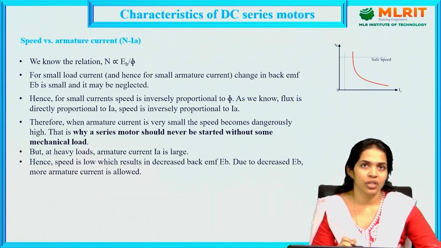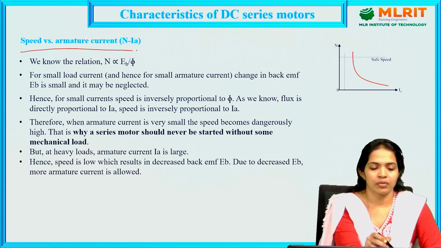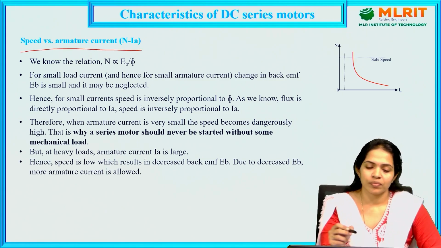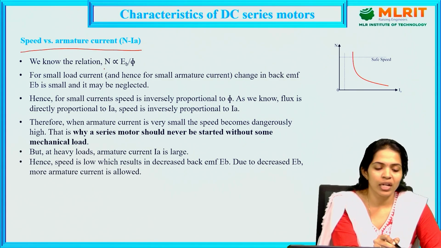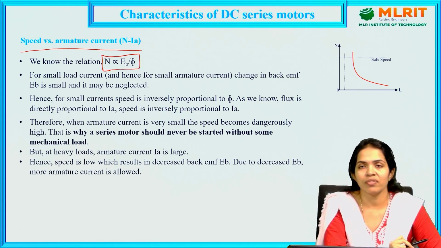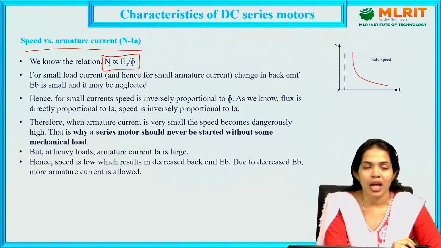Moving on to the next characteristics, speed versus armature current. From the back EMF equation of the motor, the speed is directly proportional to the back EMF and inversely proportional to the flux per pole.